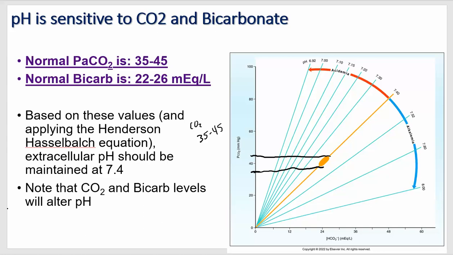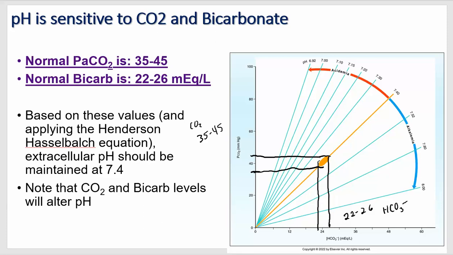That's our normal range of carbon dioxide, and then 22 to 26 is our bicarbonate, HCO3 minus. That's our normal bicarbonate, so I'm going to say that's from about here to about here. Okay, so that's our sweet spot.